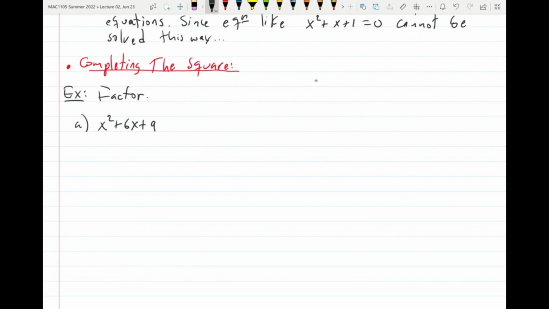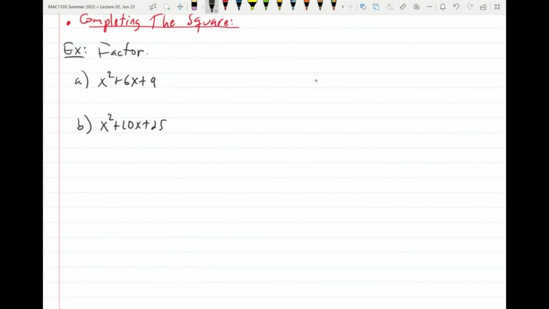Let's do x squared plus 10x plus 25. And then over here, let's do the other two. Okay, so here we have 4 polynomials. Let's factor them. Again, there's a reason for this, of course. We are after some type of pattern.